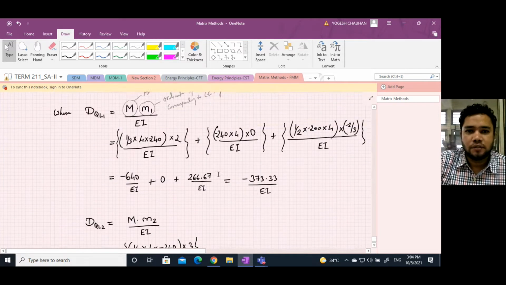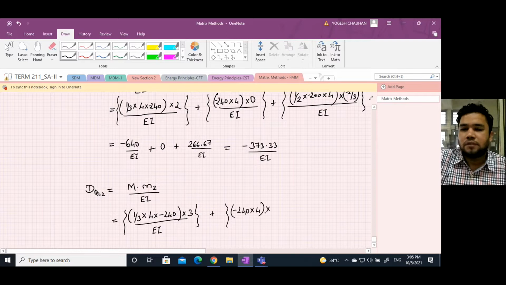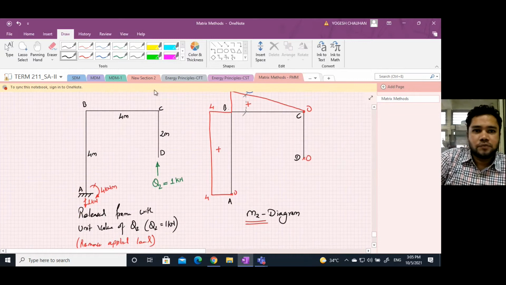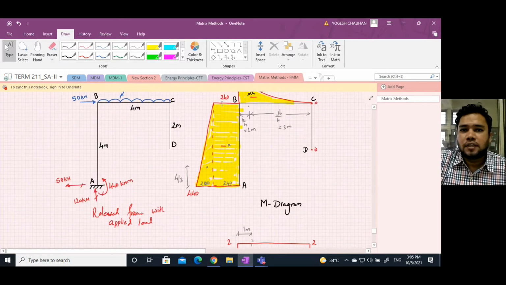Now the second part, minus 240 into 4 multiplied by the corresponding ordinate in M2 diagram. So in M2 diagram, the ordinate corresponding to this is 4. See, this is a rectangle 240 by 4, its CG will be at 4 by 2.